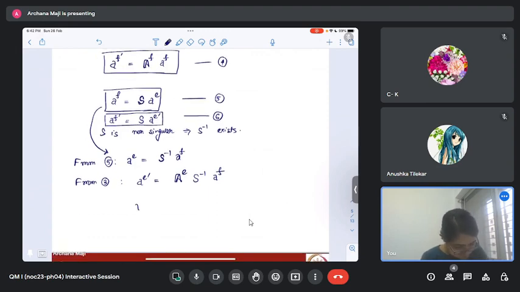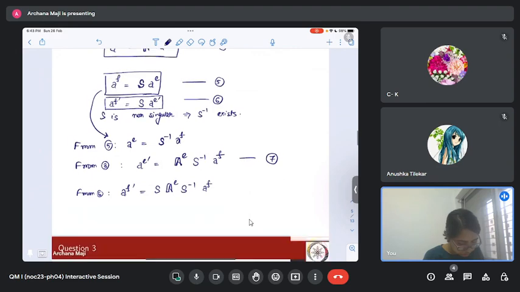So substituting in equation 6, so it's S times this quantity.